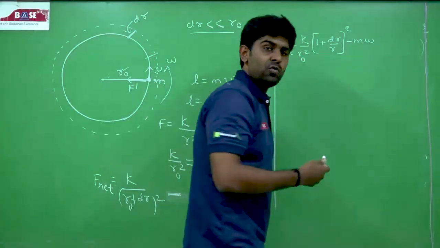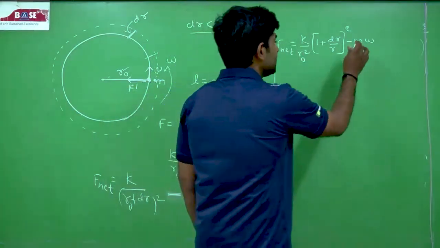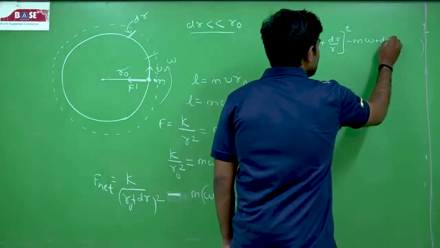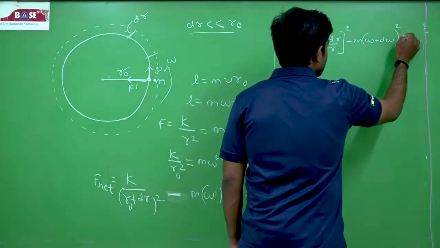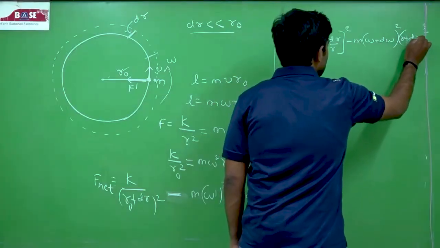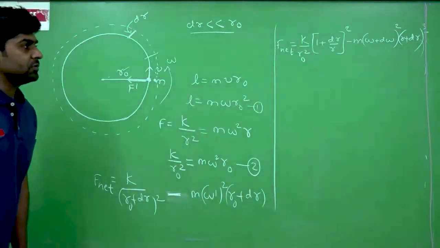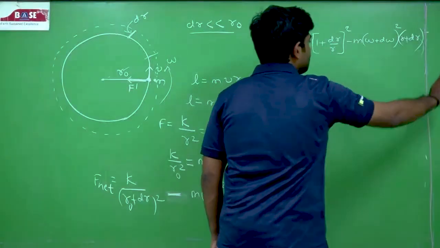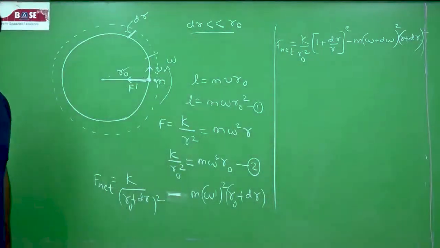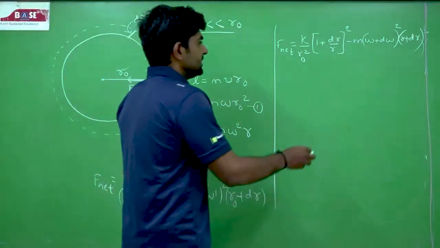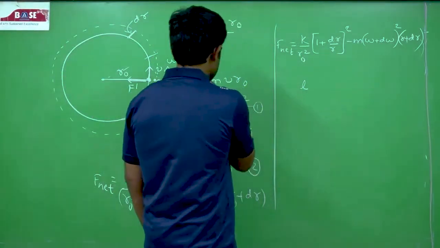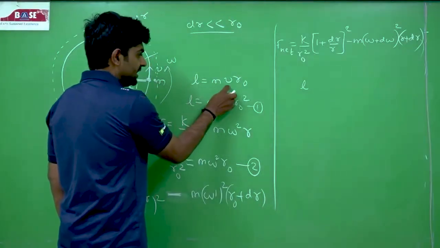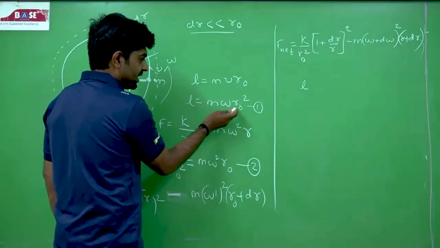Omega dash is the new value of angular speed, so we can write that as omega plus d omega, if there are any changes in omega, squared times r plus dr. I hope you can easily observe this, r plus dr. That is what we have as an equation, correct? Now we have to handle what happens with d omega. We have small l, which is given as m v r naught, which is m omega r naught squared.